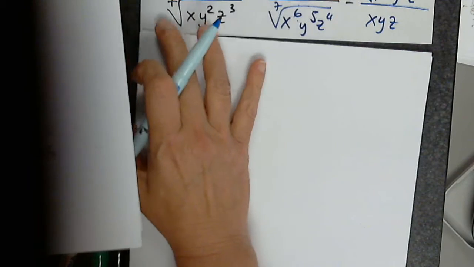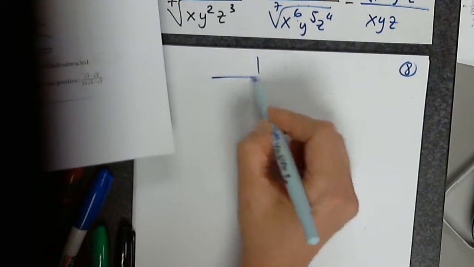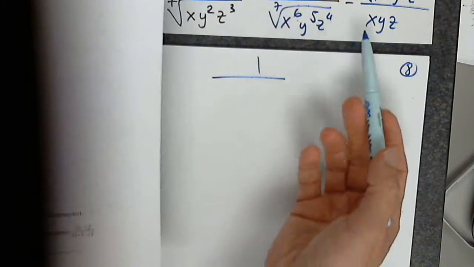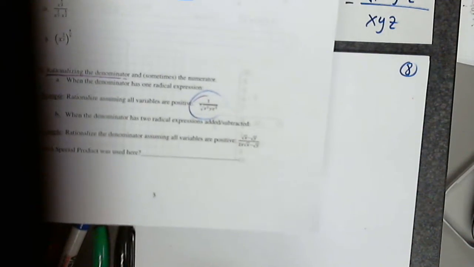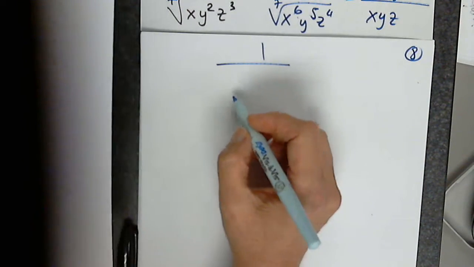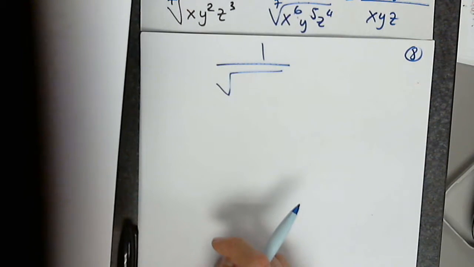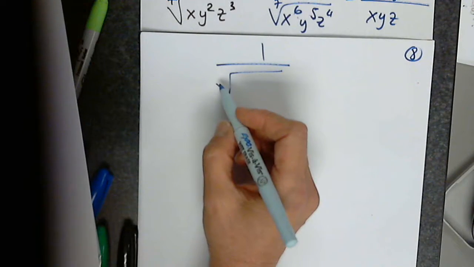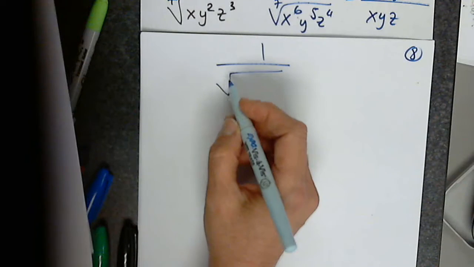If you don't want to work on index 7, you can change the index to whatever you want. So just give me an example that you want to work on. I just chose 7th root. Let's choose something else. What example would you like to work on? The 5th, okay.